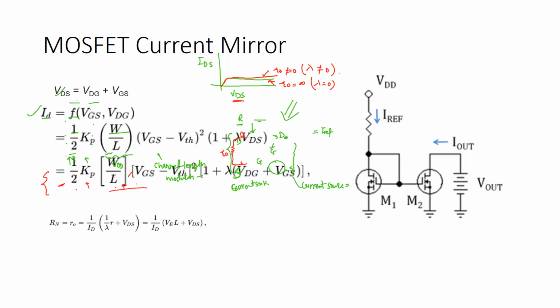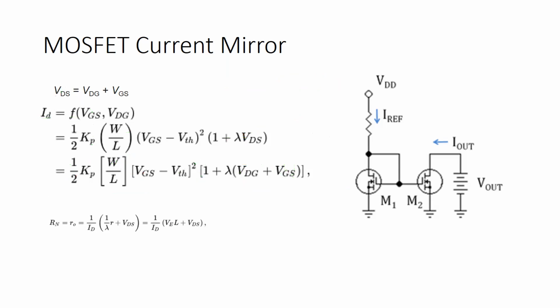So you see that output resistance increases with increase in the VDS for a given value of ID. To keep the output resistance high, this resistance should be as high as possible.